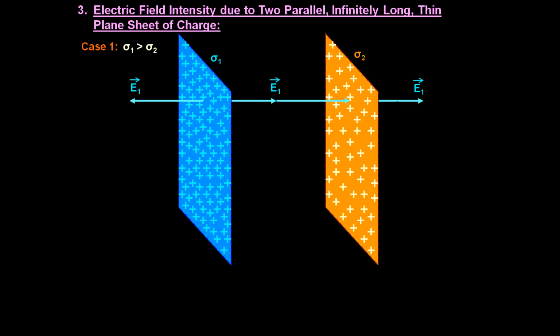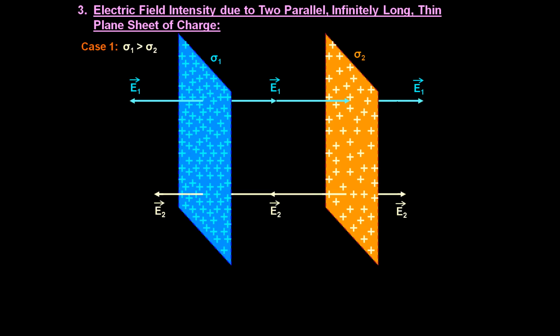Consider a second sheet which is having surface charge density sigma 2. This also will be having electric field. Let us name the electric field due to the second one as E2. Its direction also will be away from the charge, right? So this is going to be the direction of electric field E2, which is due to the second sheet of charge.